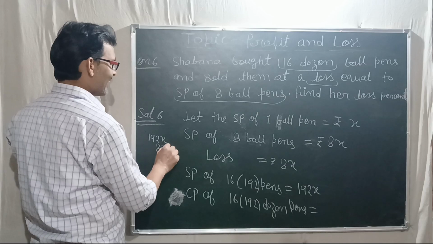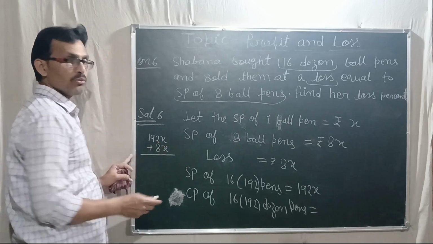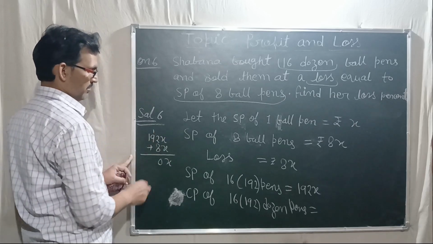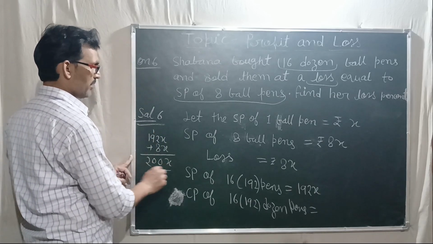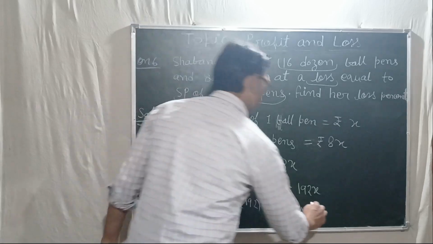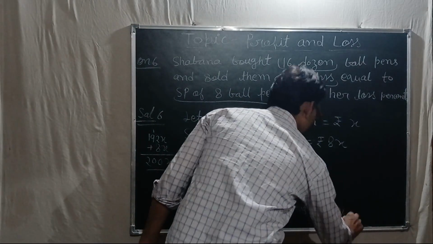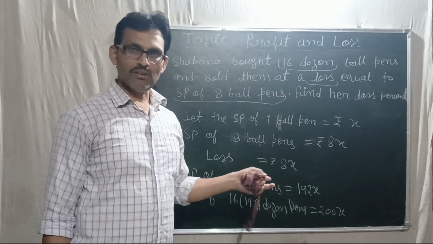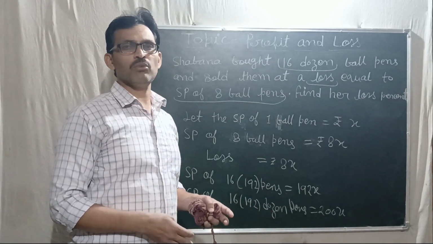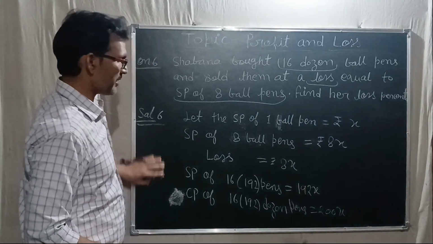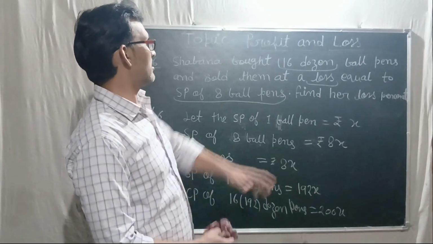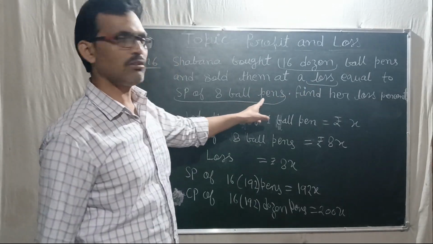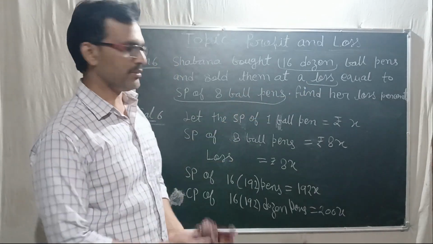So you can add 8x to the selling price, then you will get the cost price. 192x plus 8x is 200x. This is the cost price of the ball pens. If it is going in the loss, the cost price will always be more than the selling price. That's why I have added the loss, which is equal to the selling price of 8 ball pens.